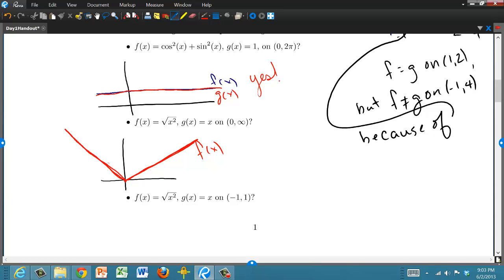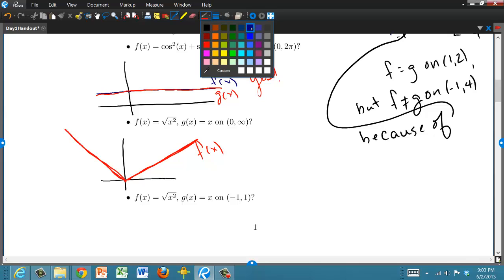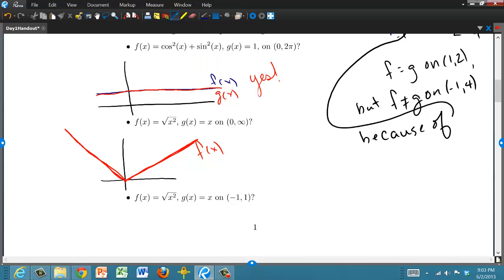Now, what's the graph of g of x look like? Well, g of x is the function x, and it looks like this. Okay, so let's look. Between 0 and infinity, infinity is over here, we can see that g of x is actually equal to f of x. So f does equal g on the interval 0 to infinity.